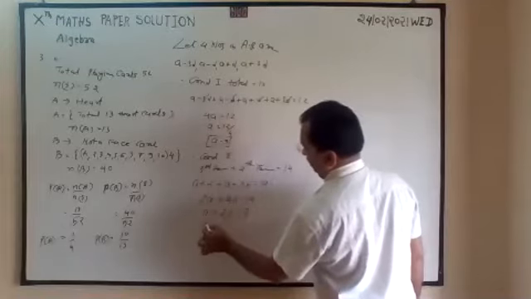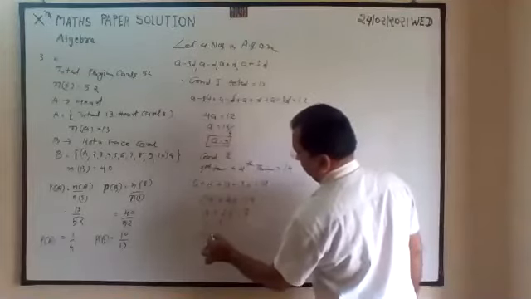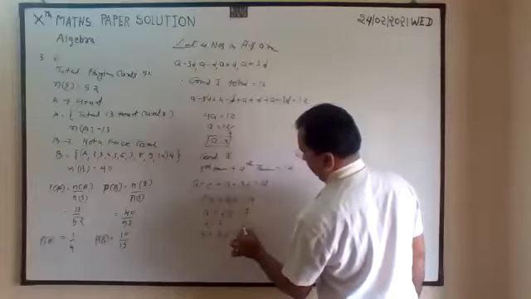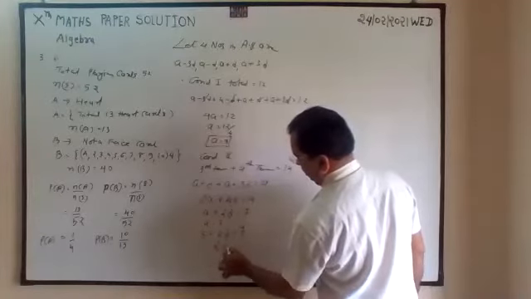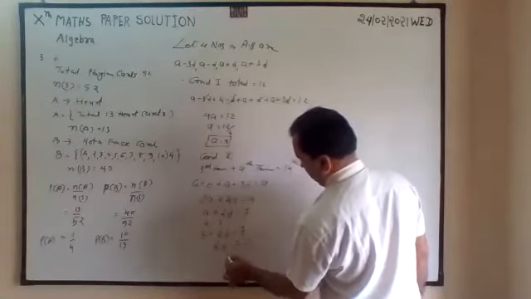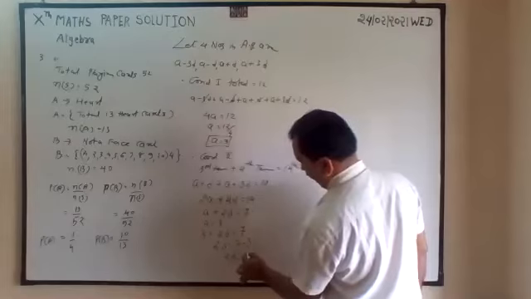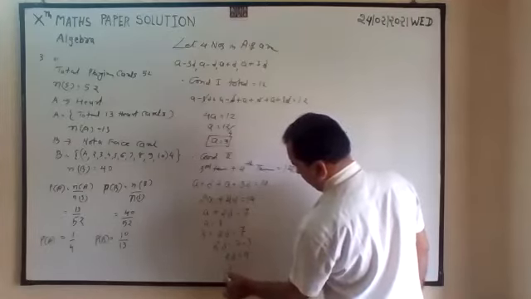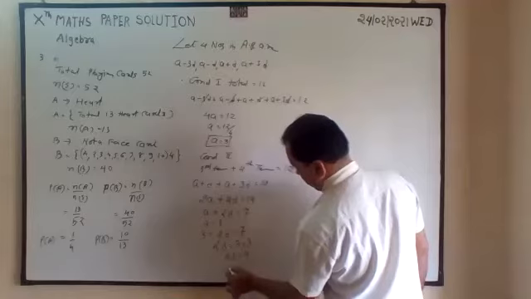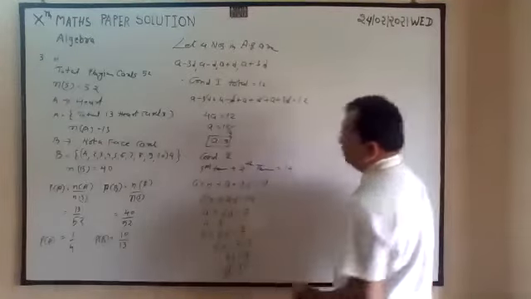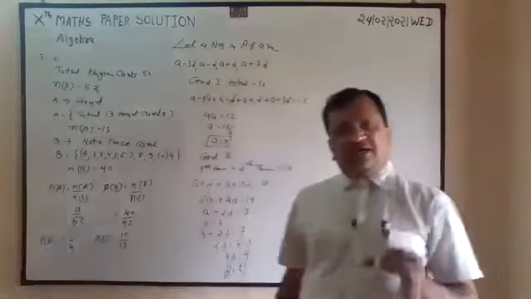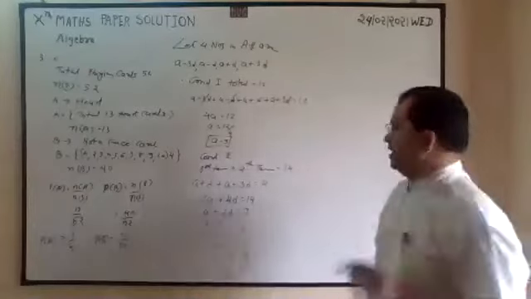Now substitute a is equal to 3: 3 plus 2d is equal to 7, 2d is equal to 7 minus 3, 2d is equal to 4. Therefore d is equal to 2. So a is 3 and d is 2.